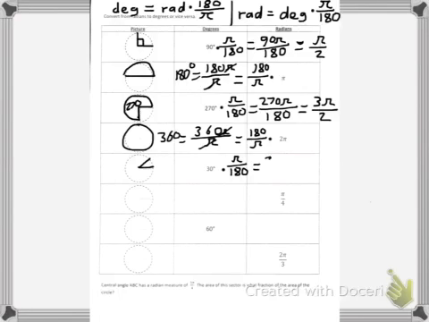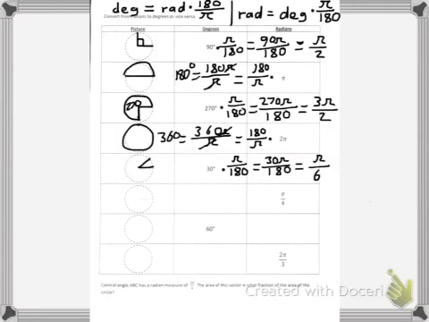When we do that, we get 30 pi on top, 180 on bottom. We want to reduce this fraction if we can, which in this case we can. This is going to be pi over 6. Okay, you can always use your calculator on that. If you want, just divide 30 by 180 and then go to the reduced fraction, hit math, figure out what the fraction would be.